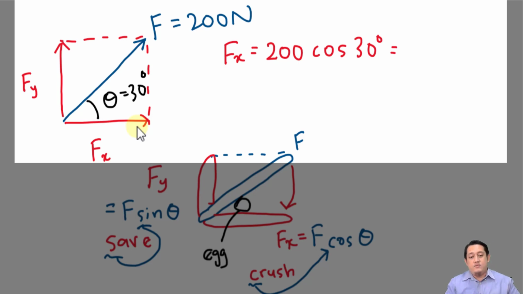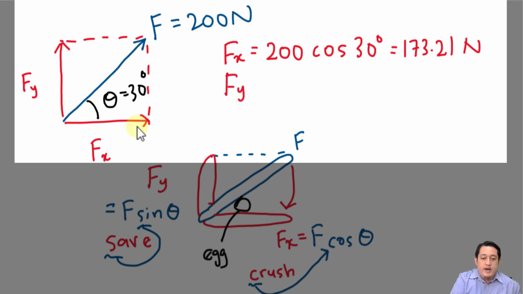Let's calculate the value: 200 cos 30 degrees is 173.21 Newton.